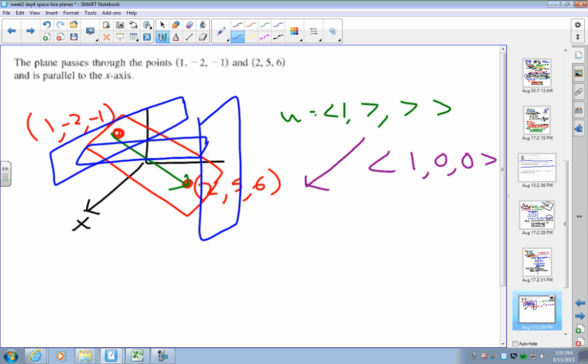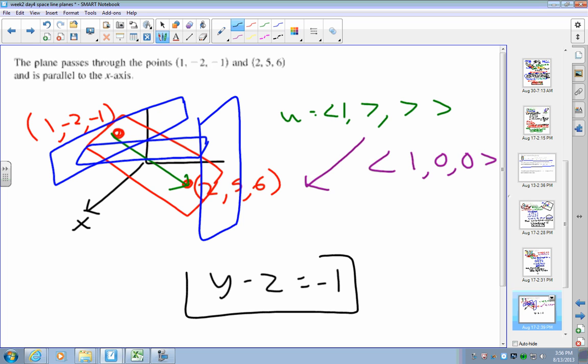Okay? And if you're curious about that answer, for that one there, you get y minus z equals -1. If you notice, there is no x in this equation. There's no x in this equation because there's no x-intercept.